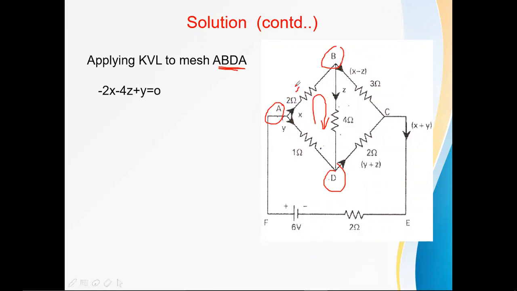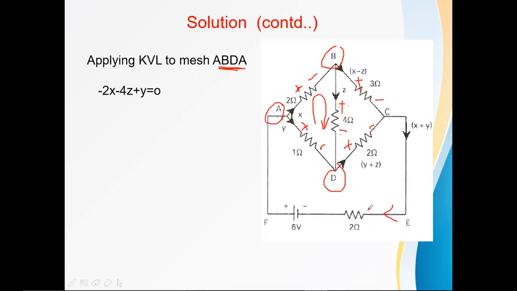So let me indicate the signs, plus and minus, based on the current directions, plus and minus on each branch.